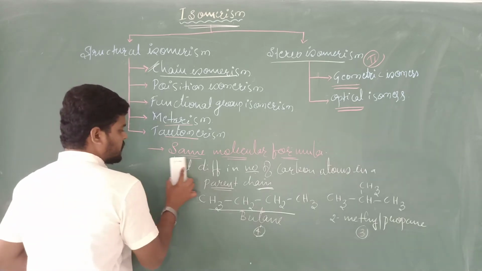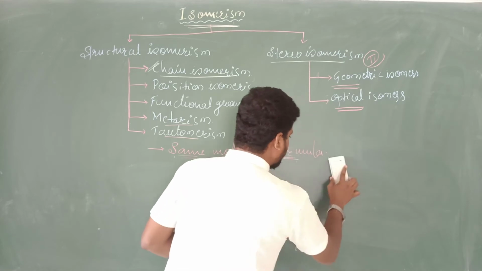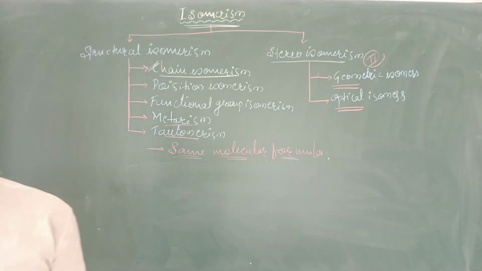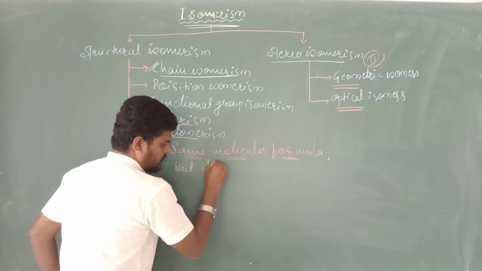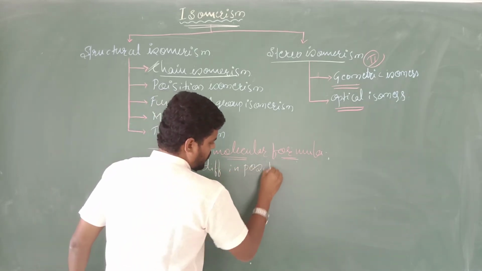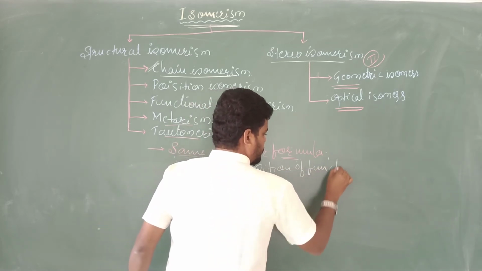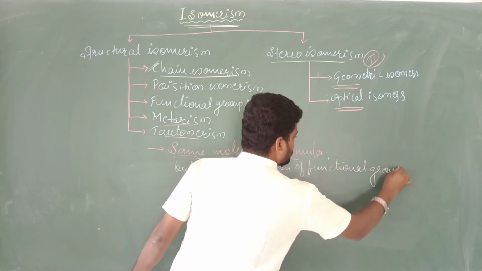position isomers. Again, position isomers are the compounds having same molecular formula, but they are differ in a position of functional group.